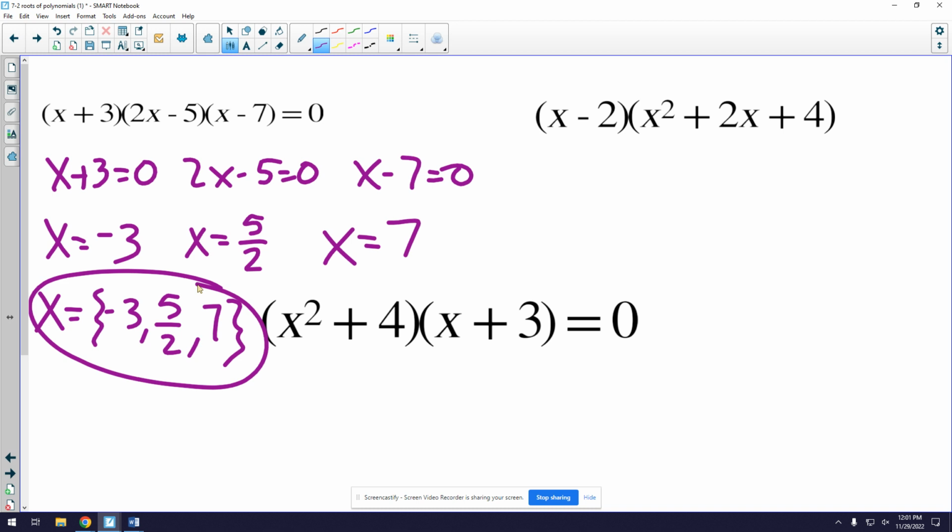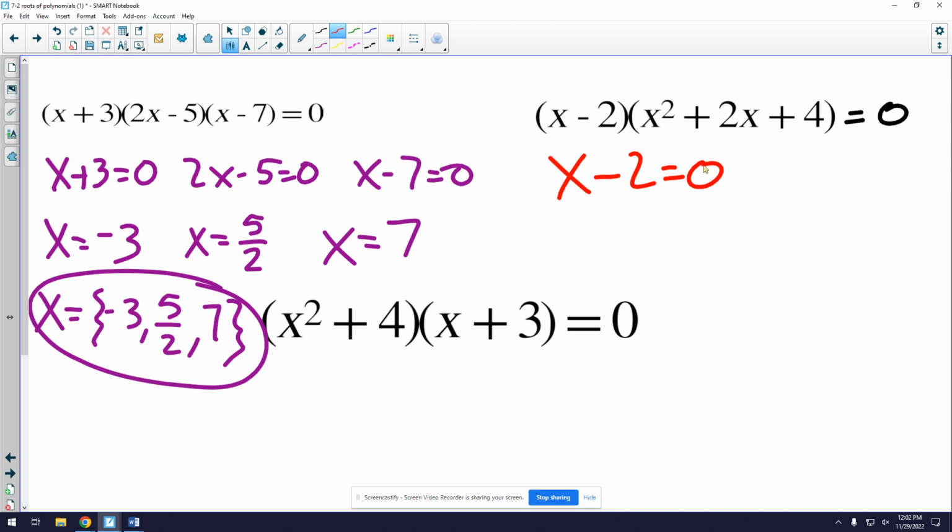Example number 2 is missing an equals 0, so you should get that added to it. I have two factors, x minus 2 and x squared plus 2x plus 4. The first one is linear, so I'm going to set that equal to 0. However, the second one is quadratic, and it's a trinomial.